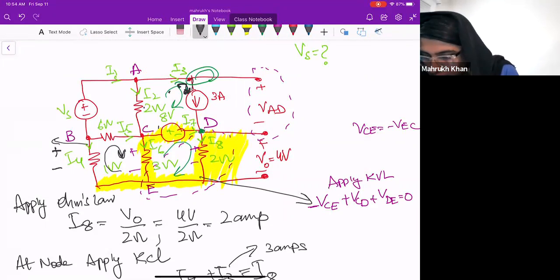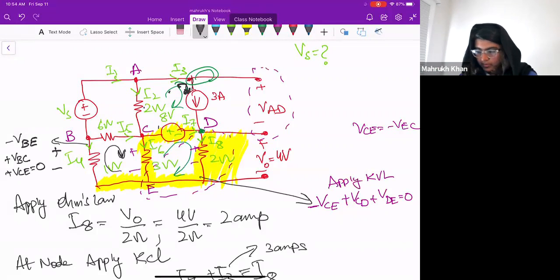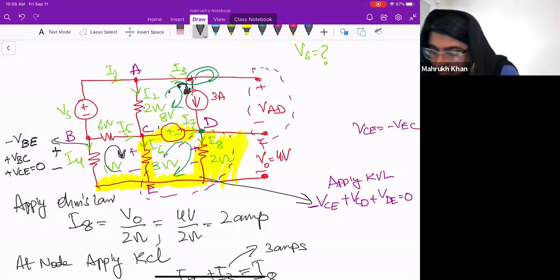So in this loop, I will be having minus VBE plus VBC plus VCE is equals to 0.